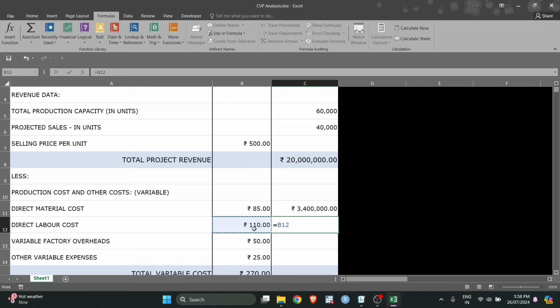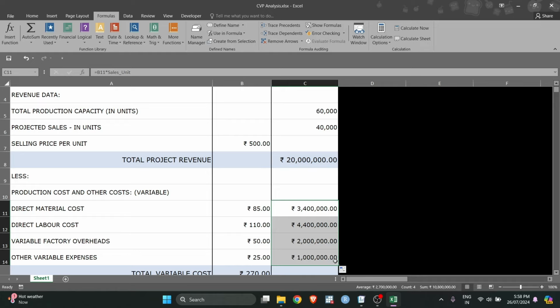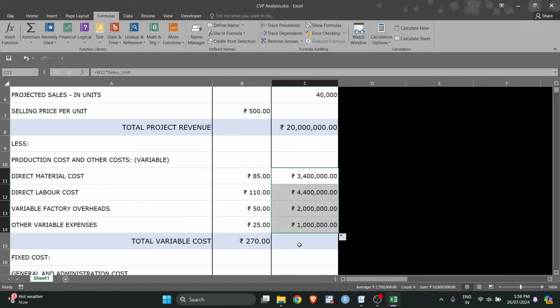Same, equal to sales unit. I can even drag it. So you can just cross check. This is B14 into sales unit.